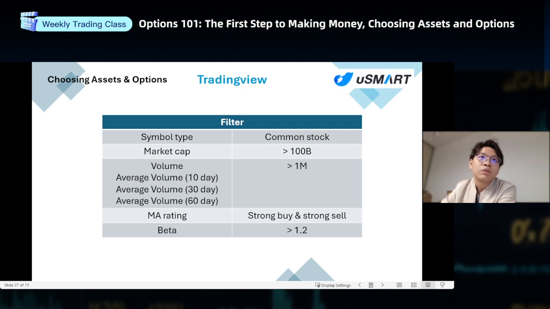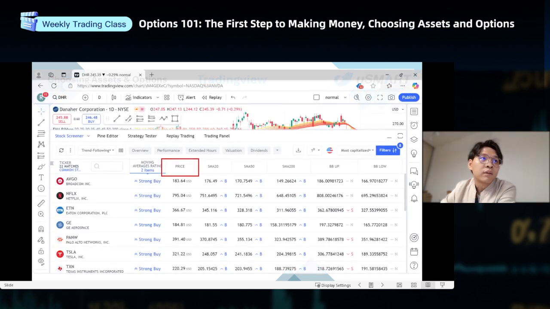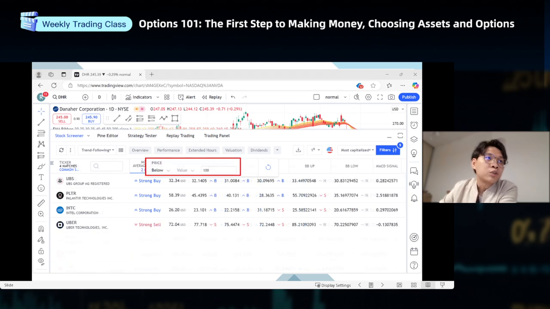Okay, now we already have a list of shares to look at, and you can put in another filter. This is up to your choice, but personally I will do it because usually the share price has a relationship to the premium price of the options.